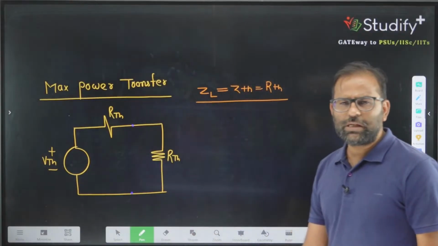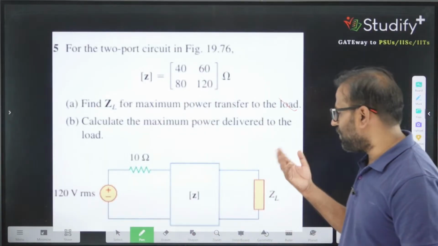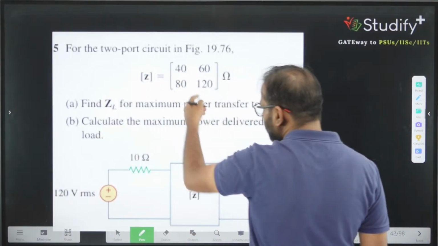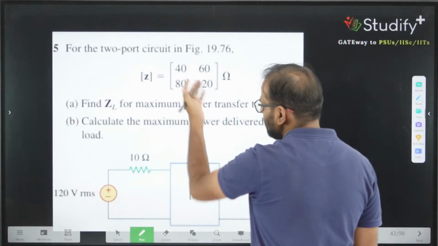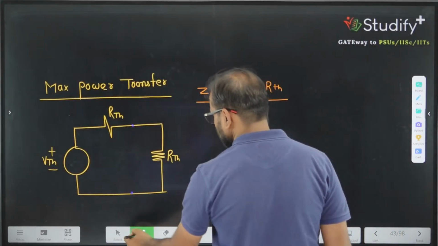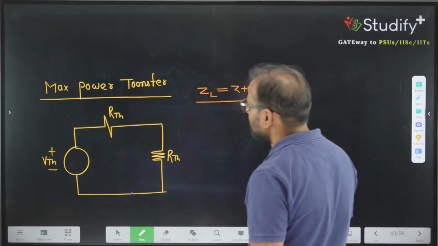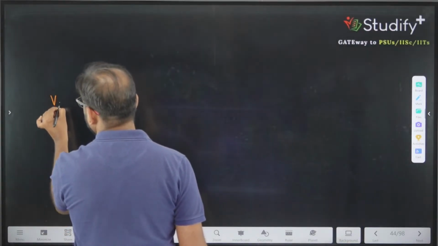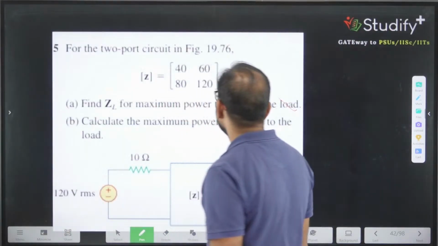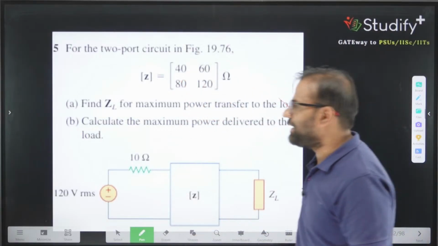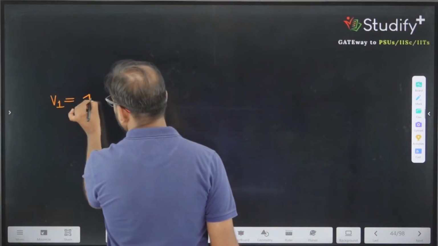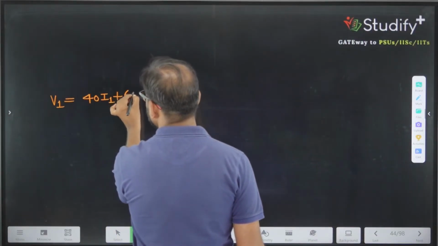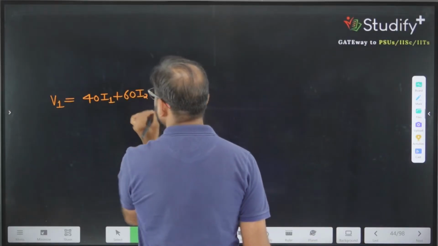How to calculate the RTH for this network? Let's calculate RTH by the same method. The Z parameters of this network are given. The given equations are: V1 equal to 40I1 plus 60I2, this is equation number 1.